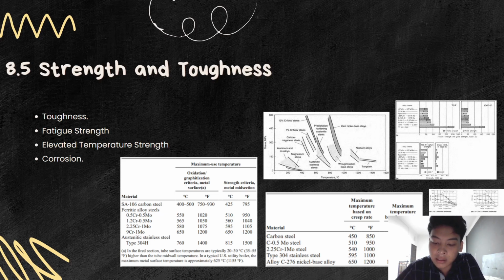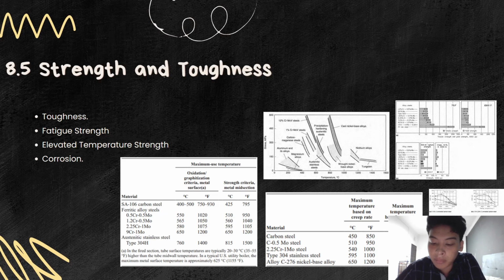Toughness. Steels are generally considered tough materials, that is, they can absorb the energy of an impact without breaking. Axle shafts and steering components of an automobile are examples of applications requiring toughness, because fracture of these components during service would be life-threatening.